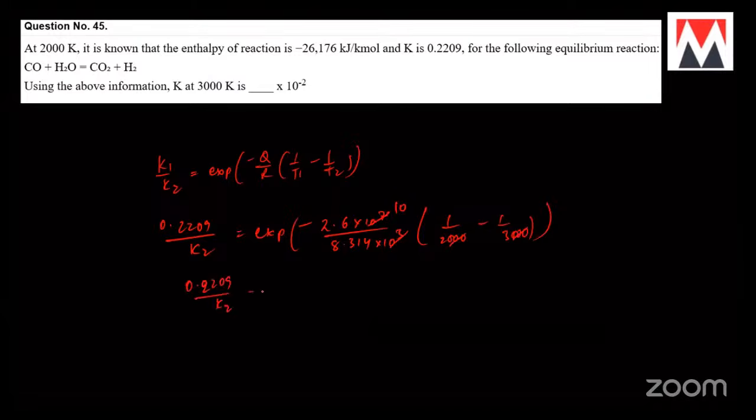So you have 0.2209 by K2 is equal to exponential minus 26 by 25 by 3, 1 by 2 minus 1 by 3. It is nothing but 1 by 6. So into 3, 13 is nearly 0.5. So K2 is nothing but 0.22 into exponential 0.5.